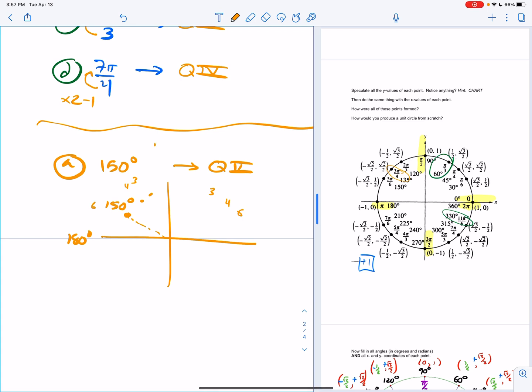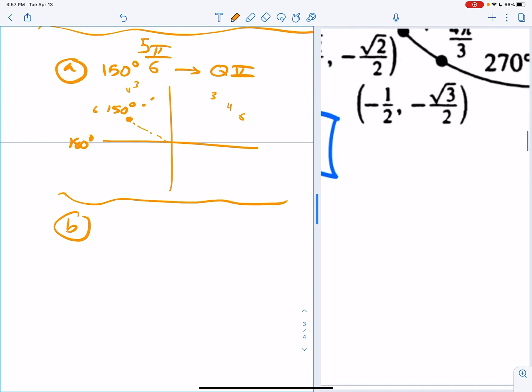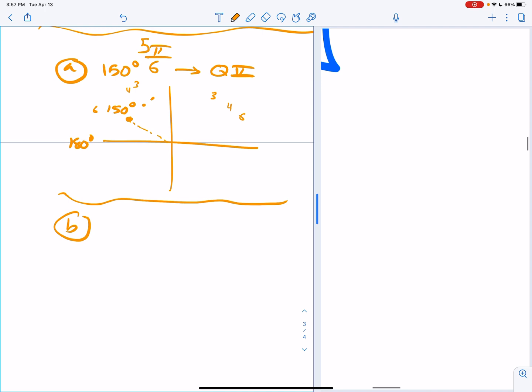So I know that this is some version of 6. I know in quadrant 2 I subtract 1, so it's 5 pi over 6. This takes time. Don't worry about getting it as soon as possible. It takes a little bit of practice. So we have our unit circle in front of us, but then we slowly pull away from it, okay? So let's try another.